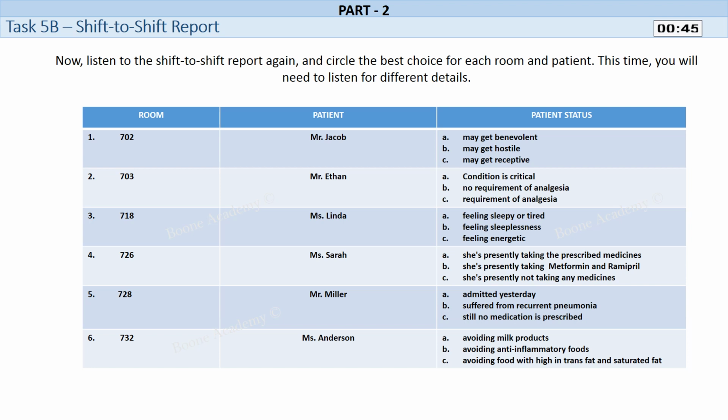Task 5B, Shift-to-Shift Report. Now, listen to the shift-to-shift report again, and circle the best choice for each room and patient.